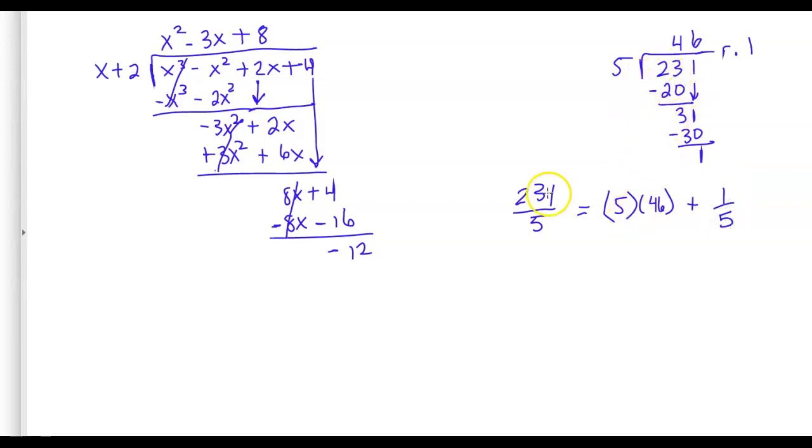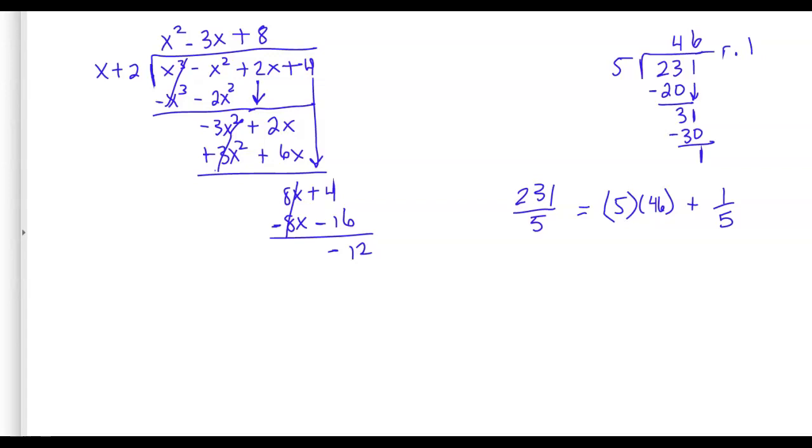So if I looked at this, 231 divided by 5 is basically asking how many groups of 5 do I have in 231? Well, I have 46 groups of 5 in 231, and then I have 1 remaining, or 1 out of a group of a possible another 5 remaining. So that's essentially what we're saying here.